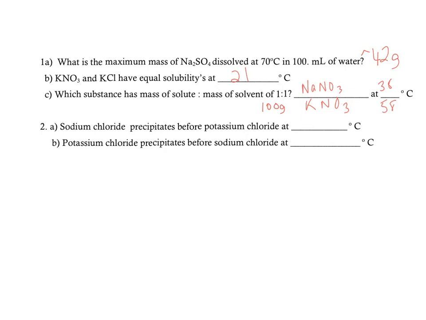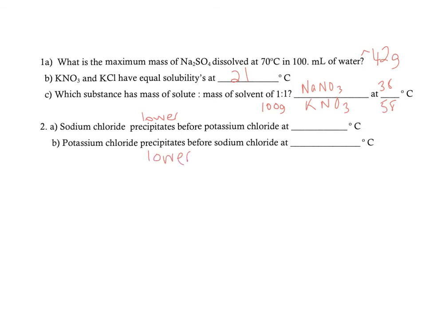Okay, so now we need to do sodium chloride. Where will it precipitate out before potassium chloride? So what we're basically looking for here is where sodium chloride is lower than potassium chloride, and at what temperature. And then potassium chloride will be precipitating out before sodium chloride where potassium chloride is lower.